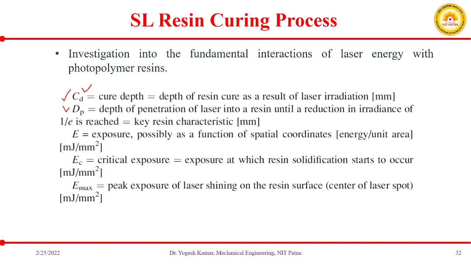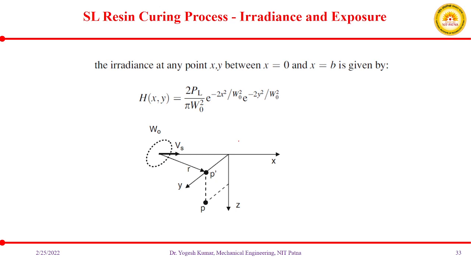Capital E is your exposure as a function of spatial coordinates. EC is critical exposure, and that is the exposure at which resin solidification starts to occur. Emax is the peak exposure of the laser shining on the resin surface, or you can say the center of the laser spot. So these are some standard formulas. I will not be elaborating on these formulas much.